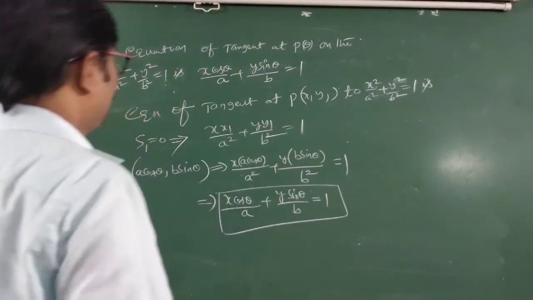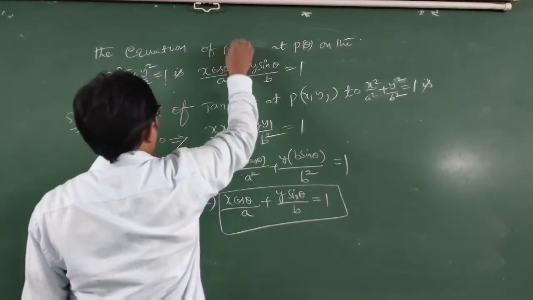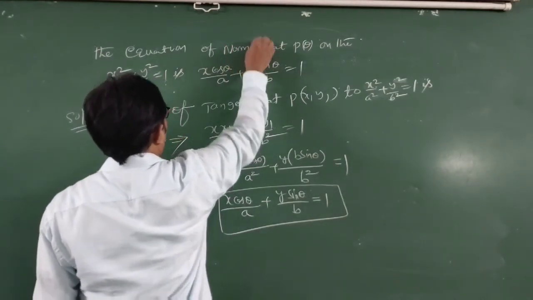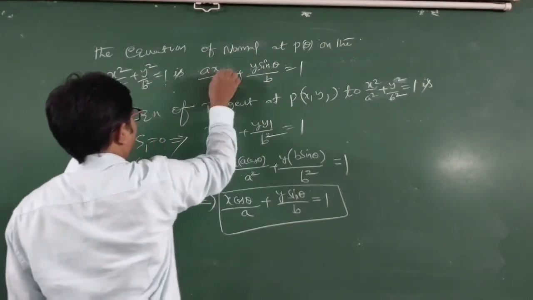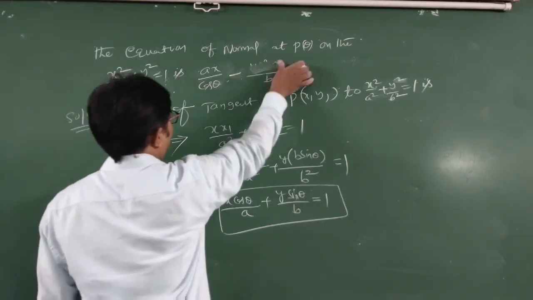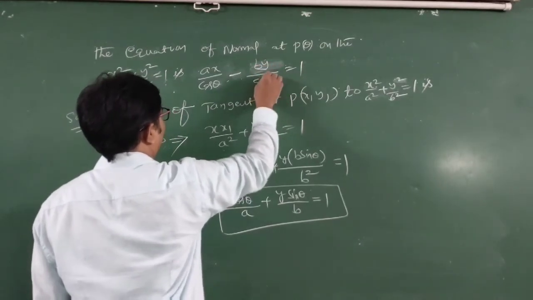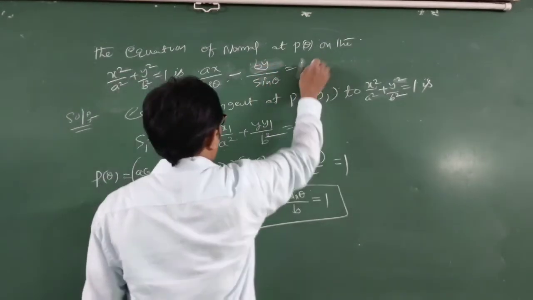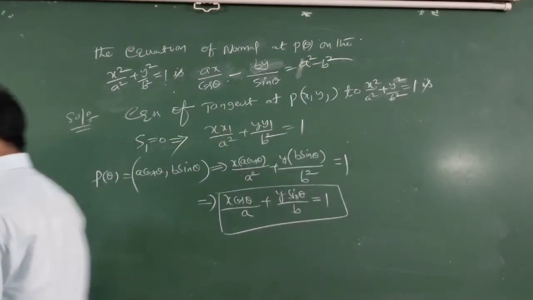Now students, the equation of the normal at theta is ax by cos theta minus by sin theta equal to a square minus b square.